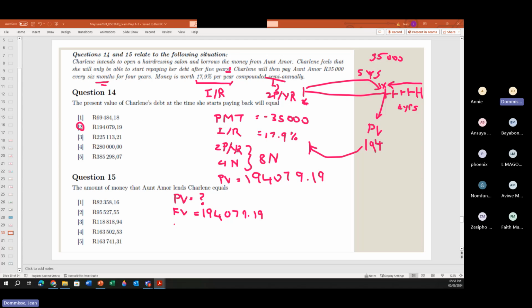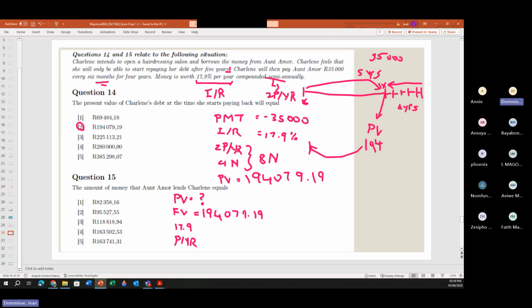Okay, so then we still got the same interest rate. So our interest rate still stays 17.9. We still have that interest is compounded semi-annually. There's nothing in the question that said now suddenly there's a new interest rate or anything changed. So interest rate still 2 times per year.